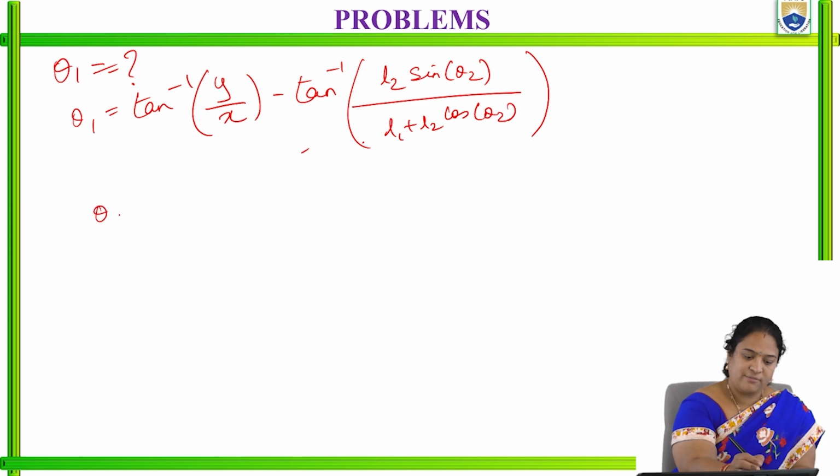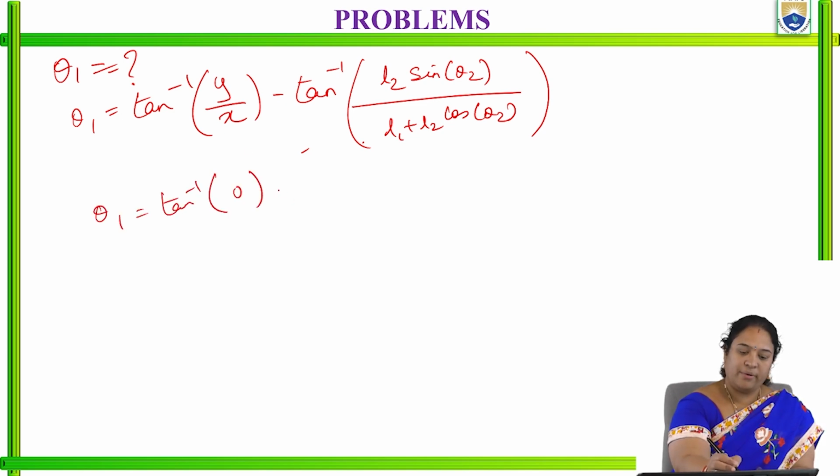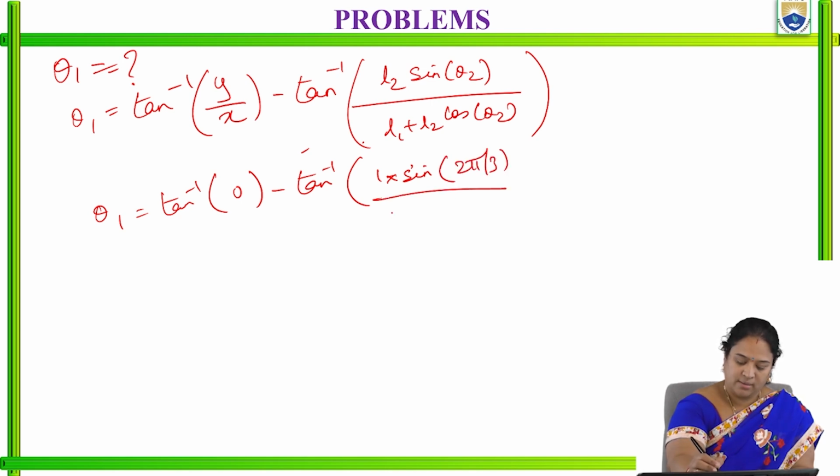Right? In the same way, theta 1 is equal to tan inverse 0 by 1 minus tan inverse of 1 into sin of 2 pi by 3 by 1 plus 1 cos of 2 pi by 3.